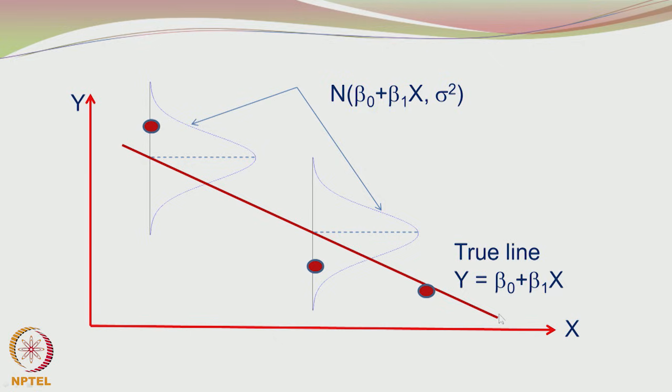This is a very interesting diagram. You can see that the experimental data points are scattered around a mean straight line. This is a true line, okay, but the data points do not lie on the straight line.